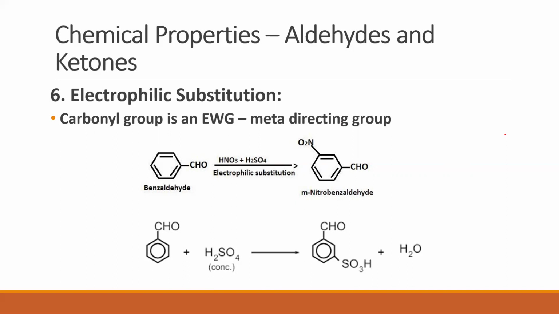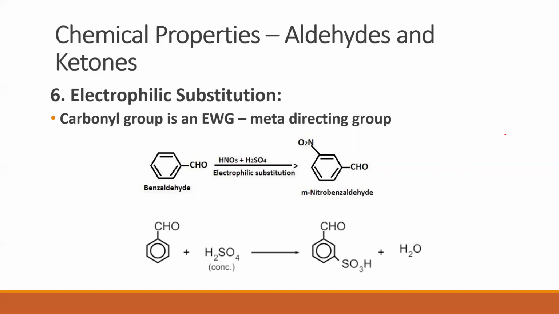They activate the ortho and para positions with electron density. Therefore, the incoming electrophile is always directed towards ortho or para positions. The incoming electrophile is always directed towards what? Ortho or para position, to give us ortho and para products.